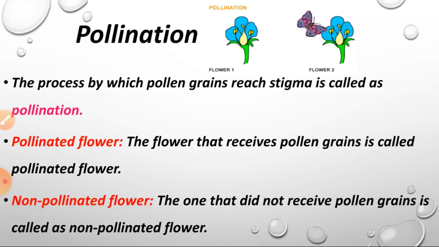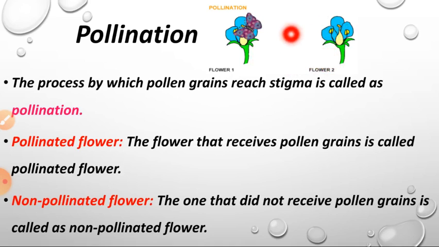Can you understand? So what do you mean by pollination? The process by which pollen grains from the male part of the flower reach the stigma, the female part of the flower, is known as pollination.